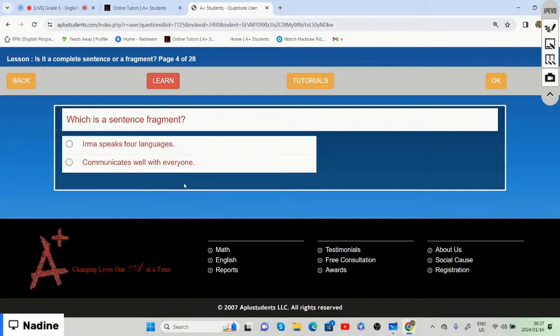Well done to those who chose the second option. Now we need to say which one is again a sentence fragment, which does not express a complete thought and is either missing a subject or missing a verb. The first one says, Irma speaks four languages.